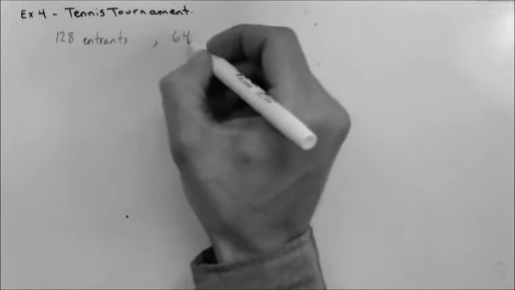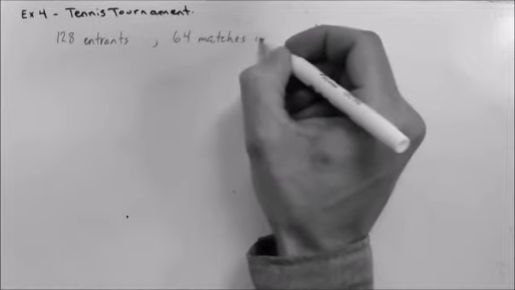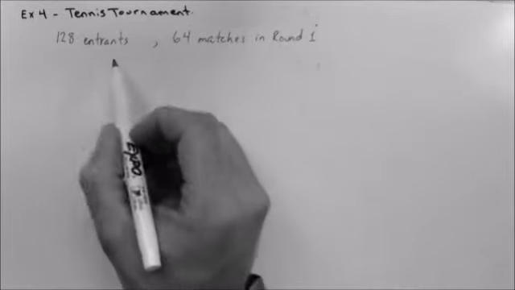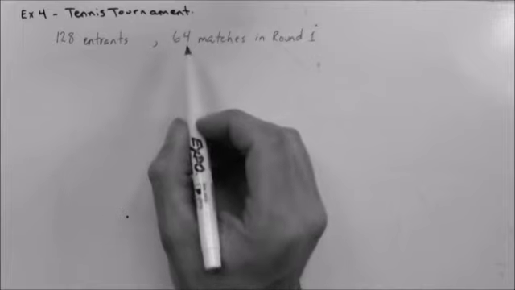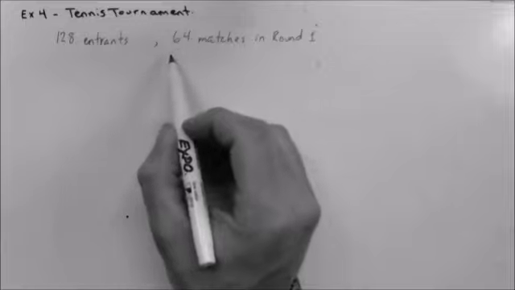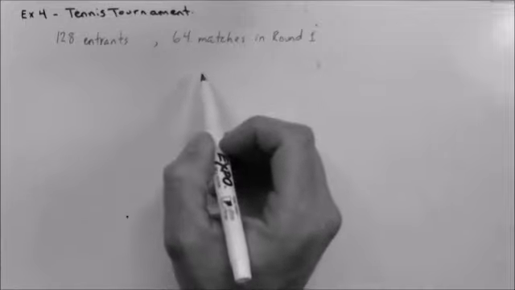So in round 1 there are 64 matches. After those are played, half of the players are going to be eliminated, right? Half will win and half will lose. 1 will win at each court and 1 will lose at each court.